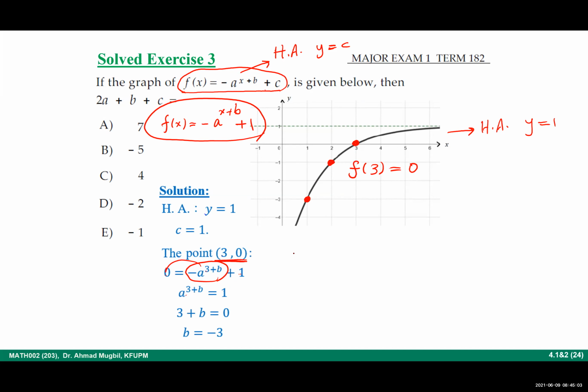So what we have here is a to the power something equals 1. A to the power what equals 1? 0. A to the power 0. So this means that this is 0, and this is a very easy equation. So b is -3. So now we know that it is -3.